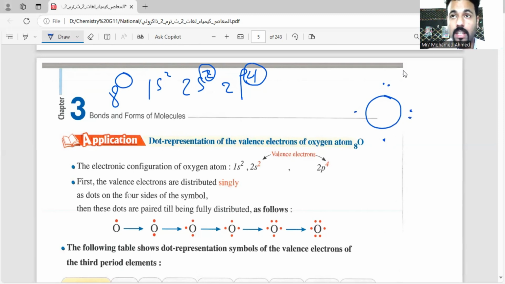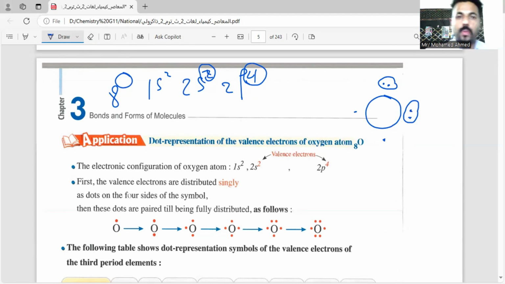Again, distribute these electrons singly first and then pair them. Here you have paired electrons and here you have paired electrons. And this one is single and this one is single. Do you know these paired electrons are called lone pair? This is called lone pair, and this is called lone pair.